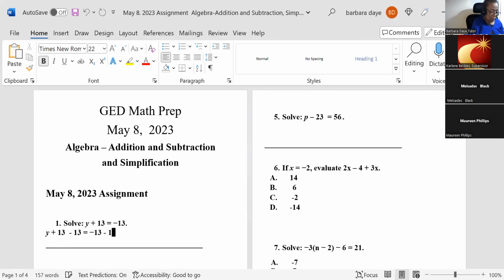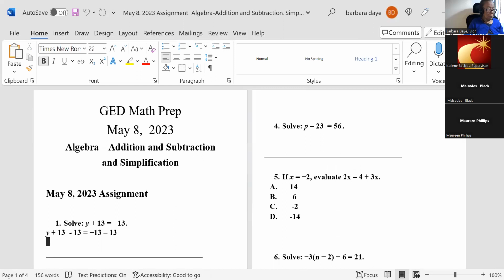Okay, so what do you have, Mercedes, on the left side when you do that? 0. 0. What about the Y? Oh, Y, so Y plus 0 is just Y, right? Yes. So on the left side, you have Y. What do you have on the right side? 26.